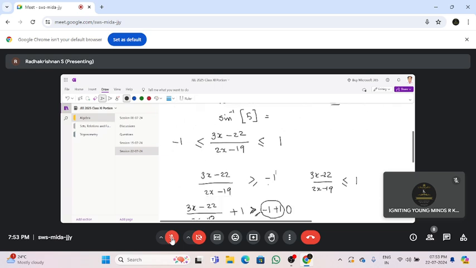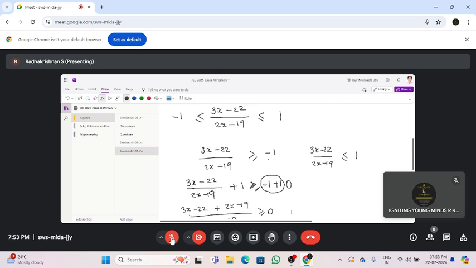And then I'm explaining how to go about solving this inequality. There are two parts to this: 3x minus 22 by 2x minus 19 greater than or equal to minus 1 and less than or equal to plus 1.